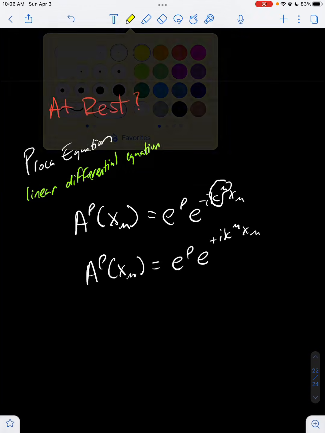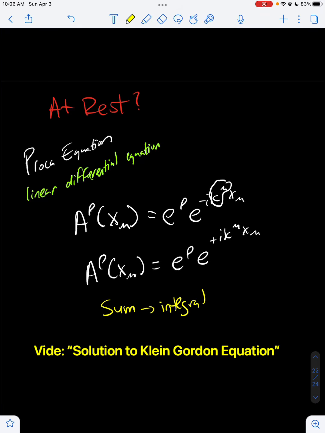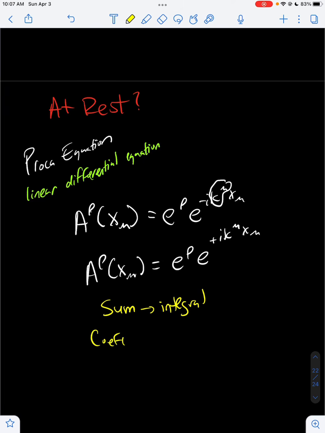So the sum will turn into an integral. I actually talked about these exact steps in my second video on the Klein-Gordon equation. So if this doesn't make any sense, try watching that video. And since we can take a superposition with complex coefficients, that means that the coefficients that we use become functions over k.